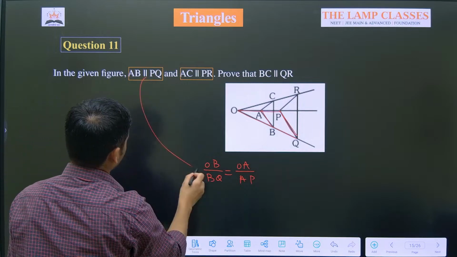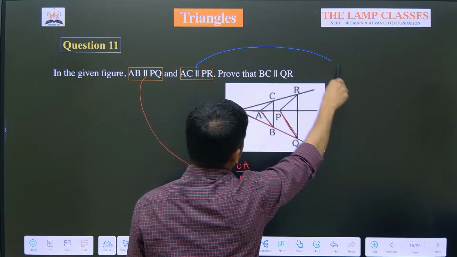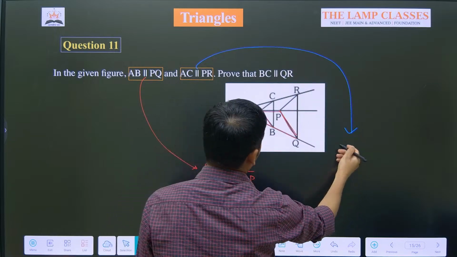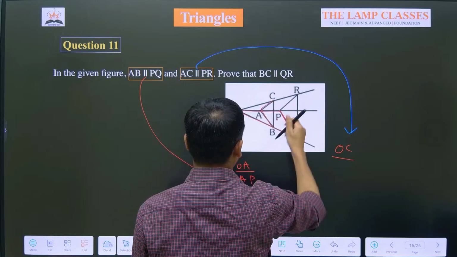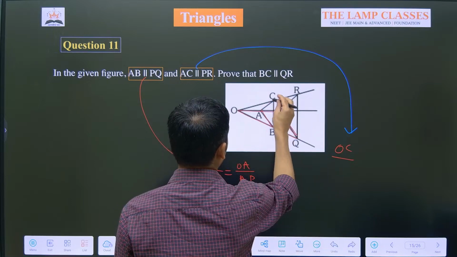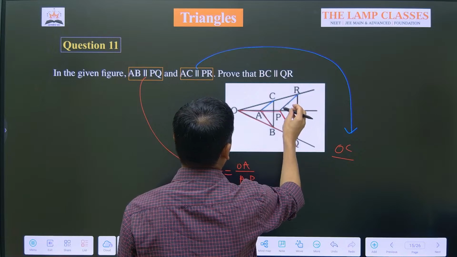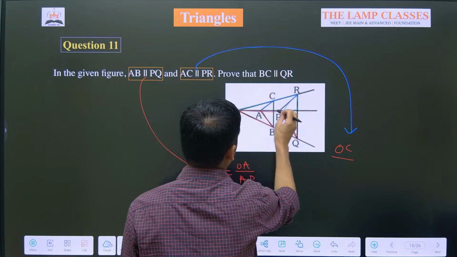It's because of this, and now due to this you can say OC upon CR, because AC, right, this is AC and this is PR, they are parallel, so we'll focus on this triangle this time.